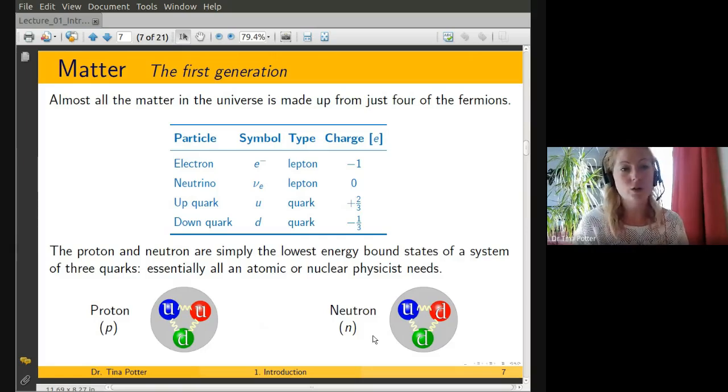It's just up and down quarks. You can try and work it out from the charges that you know you need to get for an overall neutral or plus 1 particle. If you struggle to remember a neutron, you've got DUD, that's a dud, it's a neutral charge, that might help you remember. And then for the proton, it's 2 of the other and 1 of the other.